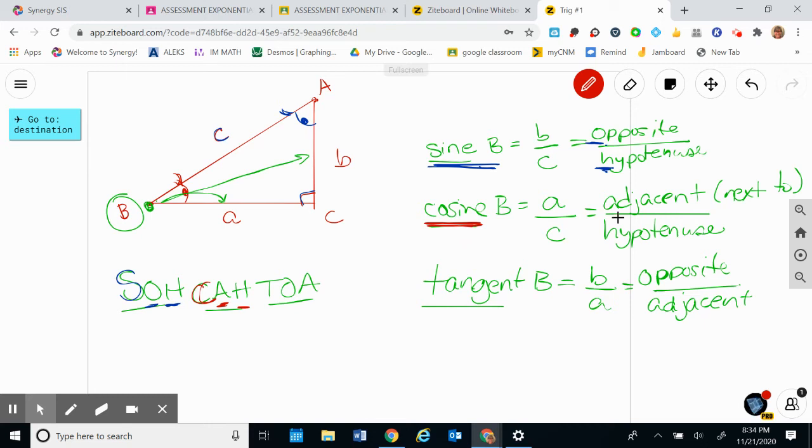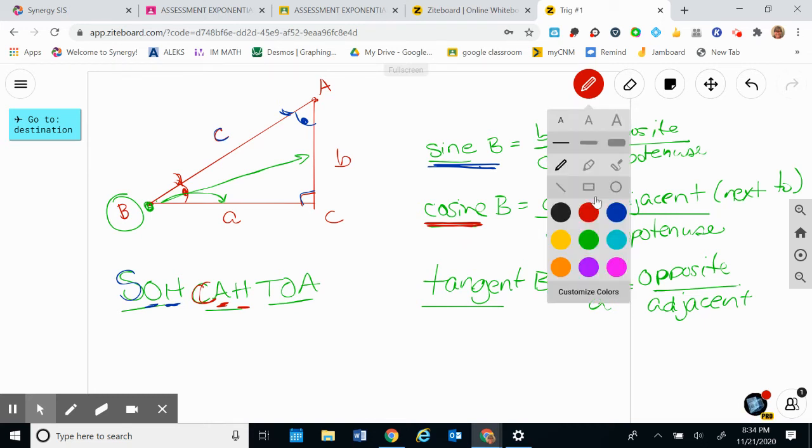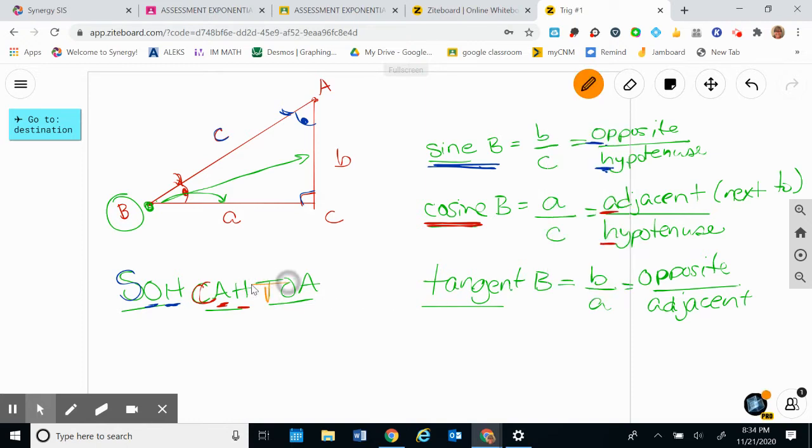So look, cosine is equal to the adjacent over the hypotenuse. And the tangent is equal to opposite over adjacent. So tangent is equal to the opposite over adjacent. Okay? So these have special names, these ratios, and they are unique to each triangle.